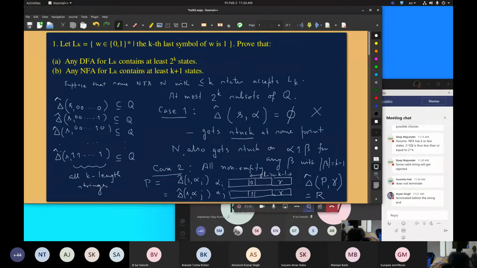This is essentially the same proof as for the DFA, where we considered only case 2, and instead of capital delta hat, we have used small delta hat. Otherwise, here it is a little more complicated because of this extra case. Any questions on this?